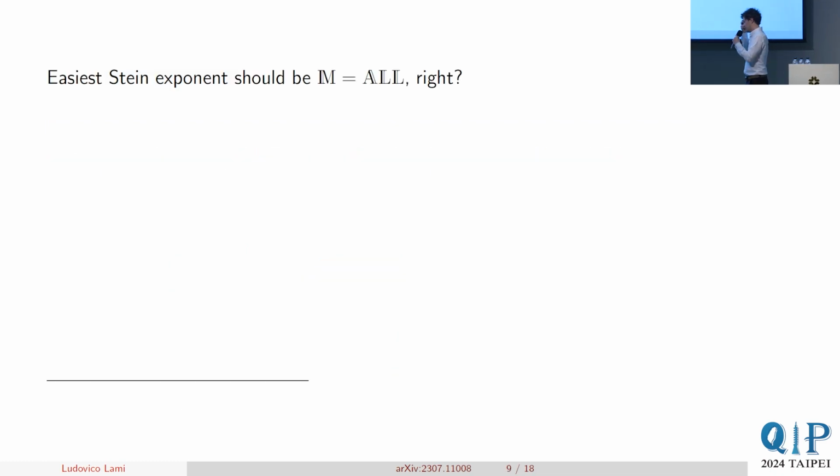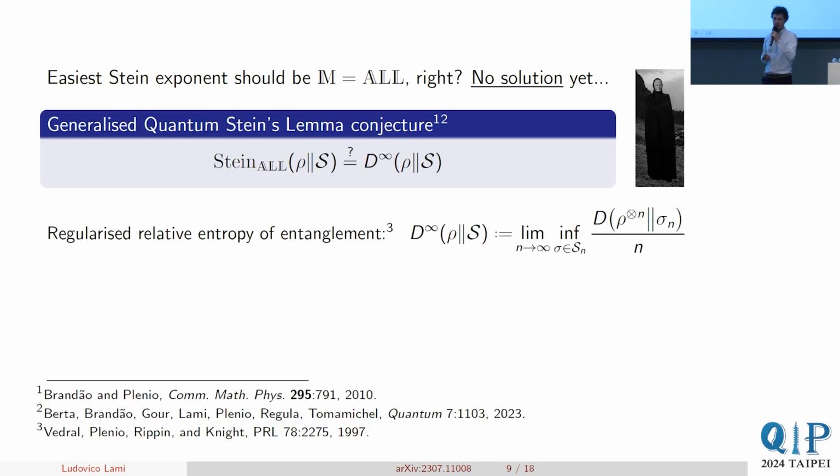But let's look at the easiest case. The easiest case is when the set of measurements is all the ones you can implement in the lab, so you have the power to do even global measurements on Alice and Bob. That should help us, right? There is no solution for this one yet. This is the problem of computing the Stein exponent when you have the set of all measurements.